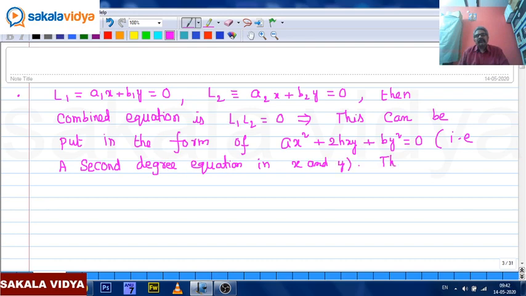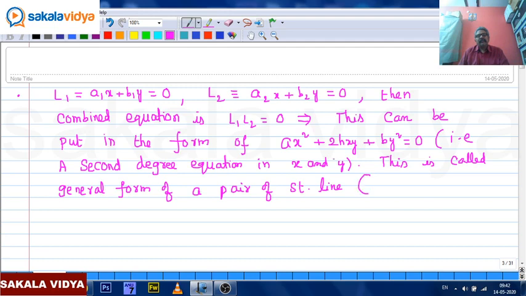This is called the general form of a pair of straight lines. Also, here the degree is 2, and the second term's degree is also 1 plus 1, which is 2.